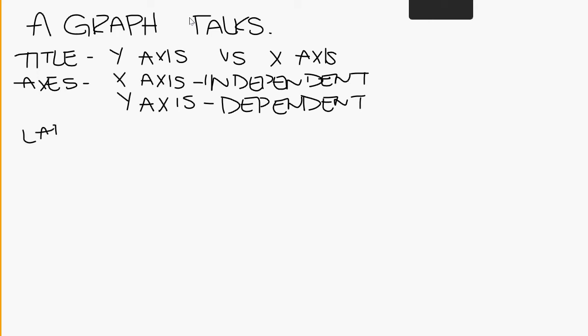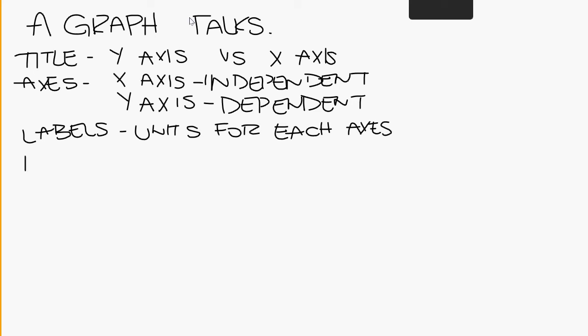Your labels are your units for each axis. The key explains the symbols you may have on the graph.